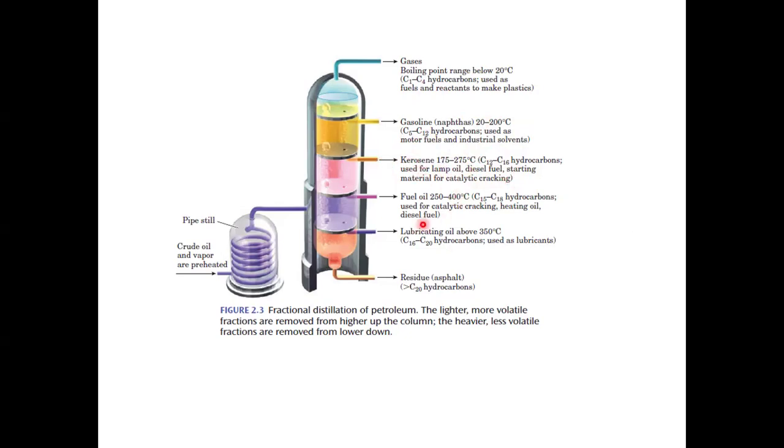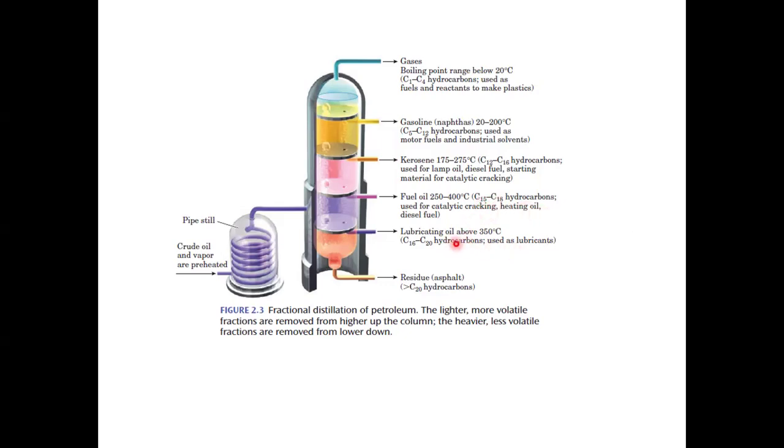That's your kerosene. For fuel oil, which is much heavier, the hydrocarbons would have a higher boiling point, and we can use catalytic cracking for this in order to produce our 15 to 18 carbon hydrocarbons.